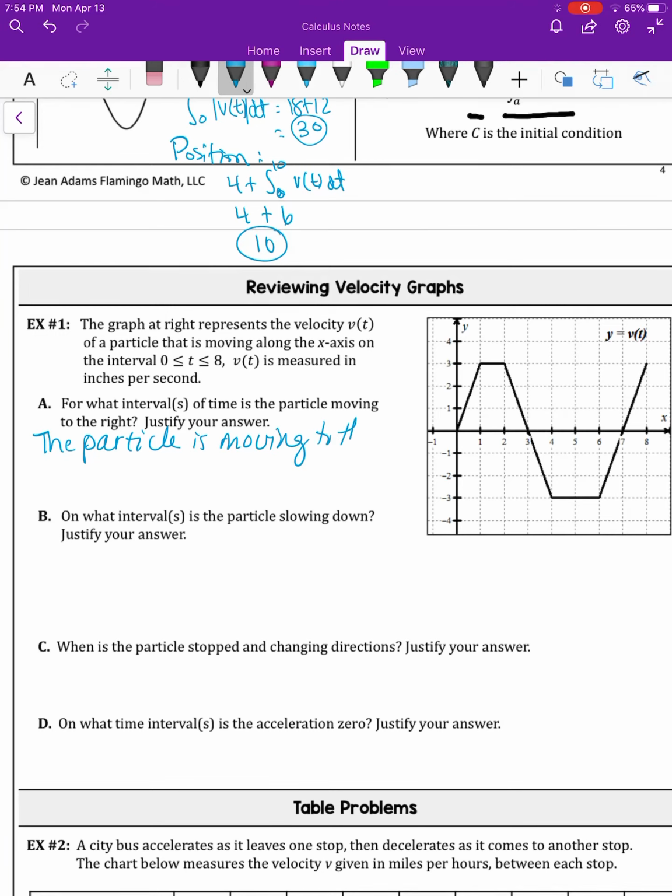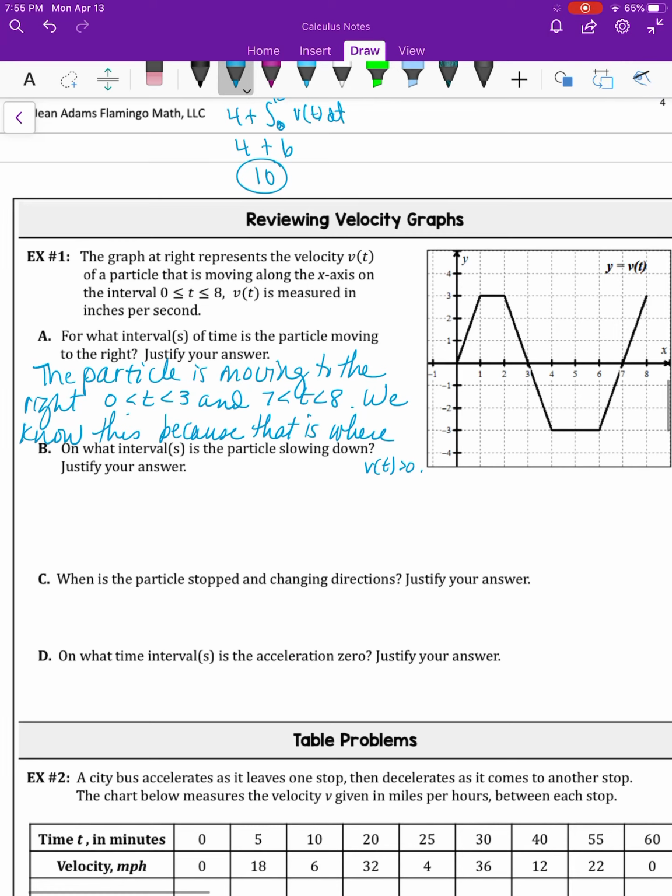So we're going to say the particle is moving to the right between 0 and 3 and between 7 and 8. We know this because that is where V of t is greater than 0, okay?